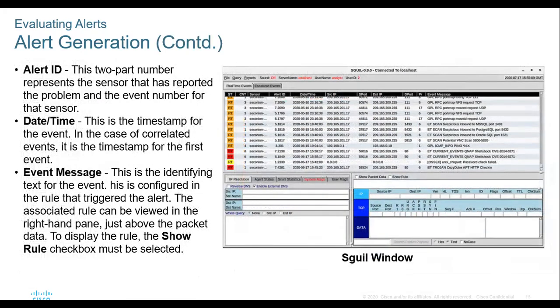Then we have another one called the alert ID. These two part numbers represent the sensor that has reported the problem and the event number for that sensor. We can see from the figure that the largest number of events that are displayed are from OSSEC sensor 1, okay?